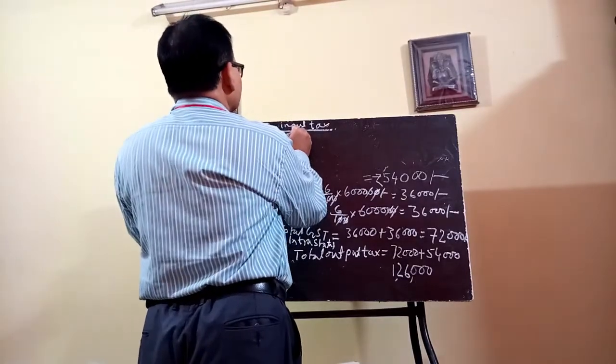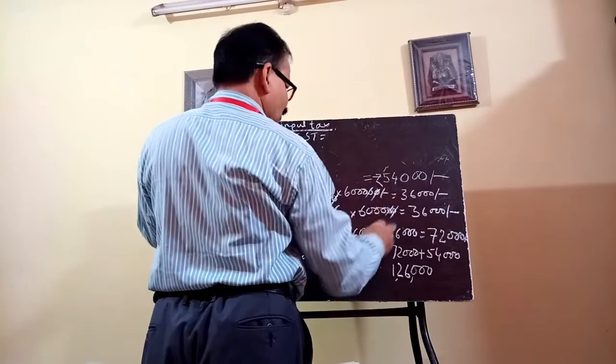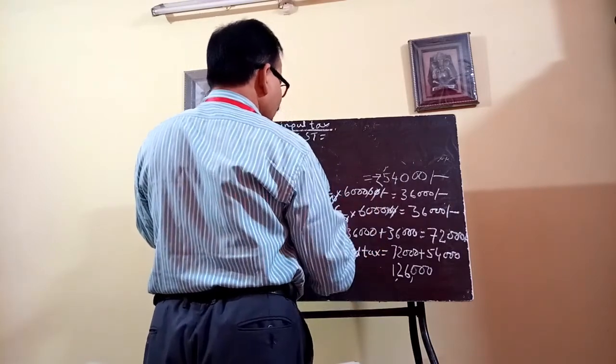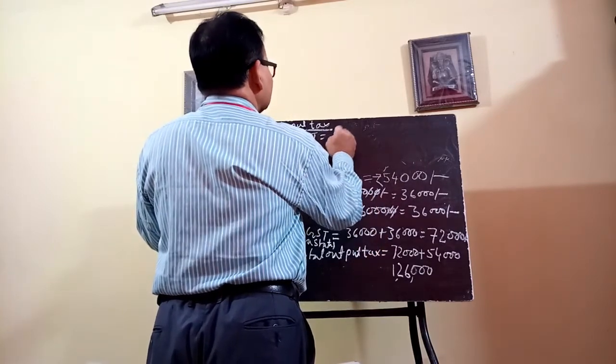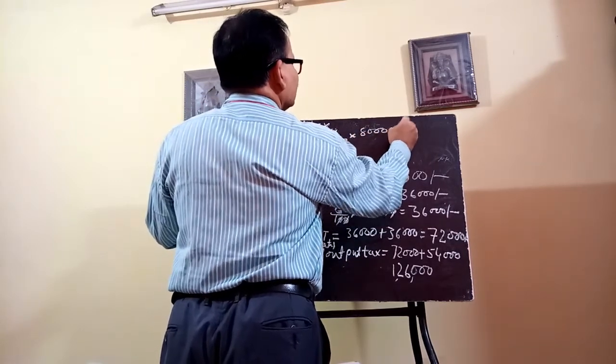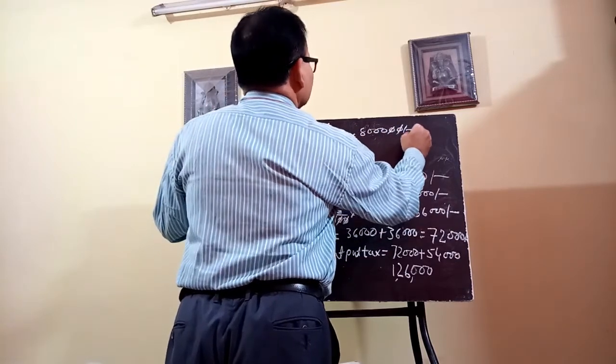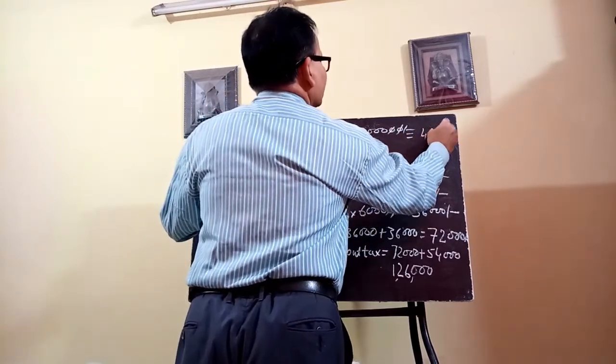So here again CGST, your total GST percentage is your 12%. So CGST is 6% of rupees 8 lakh. So 0 cancel. This is your 48,000.